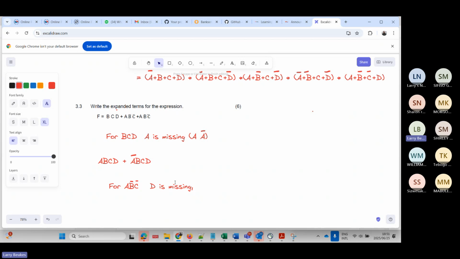So the D that's missing, we know it can be the high D, or it can be the low D, right?